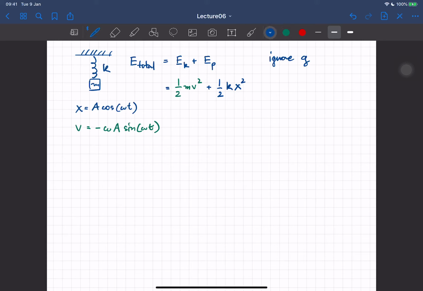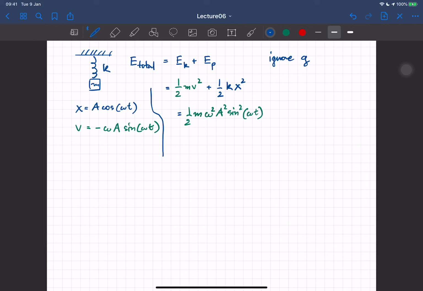Then you can put it into this equation for energy. So we have 1/2 m, and v squared is omega squared a squared sine squared omega t, just a direct substitution.